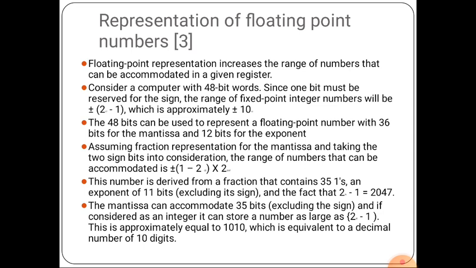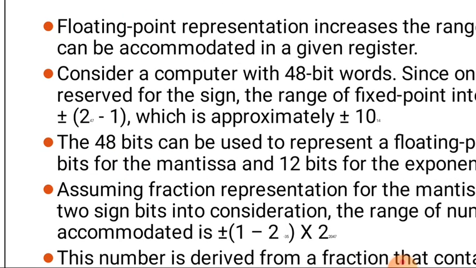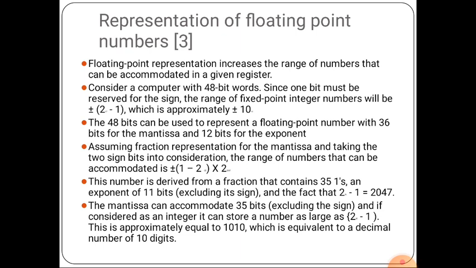Since one bit must be reserved for the sign, the range of fixed integer numbers will be plus or minus 2 raised to 47 minus 1, which is approximately plus or minus 10 raised to 14. So using a 48-bit word, we can store approximately plus or minus 10 raised to 14.